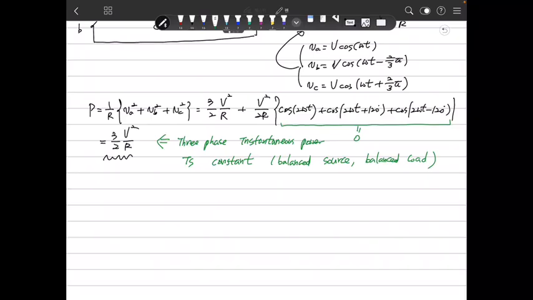This is the reason we are using the three-phase voltage system in the power grid.